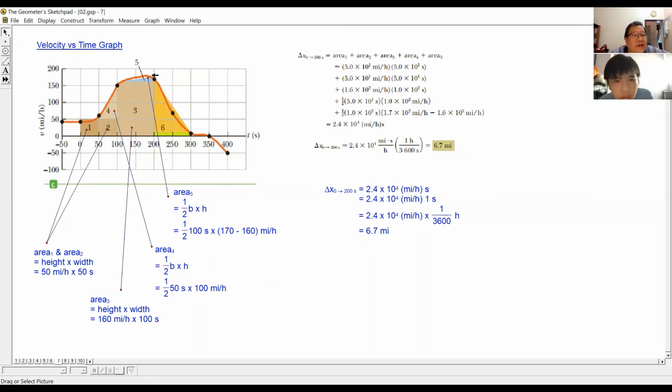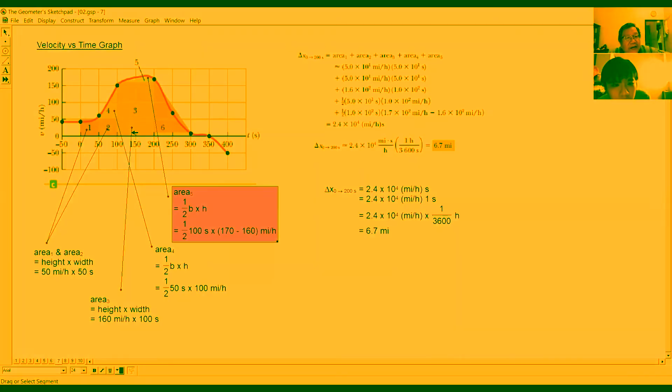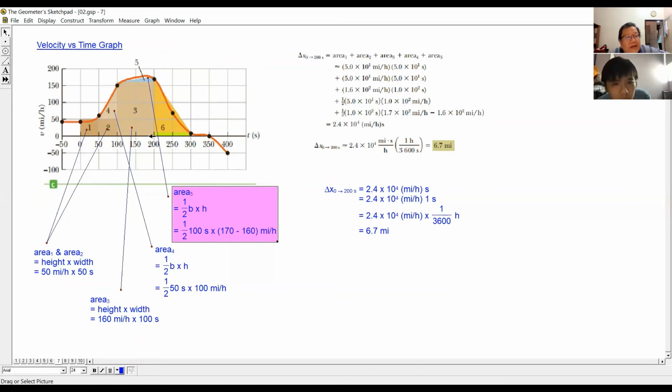Area number 5 is in the form of a right angle triangle, the top here. Because it's a right angle triangle, again I use half base times height. The base is from 100 to 200, so 200 minus 100, it's 100 seconds.